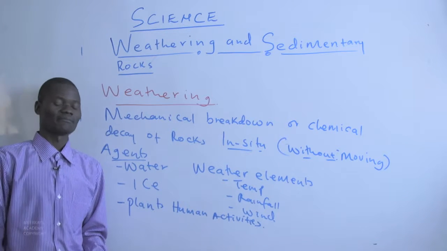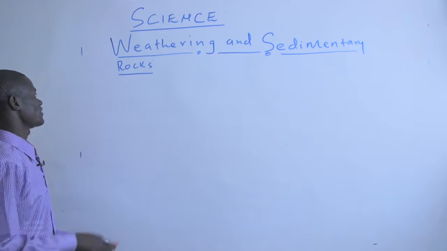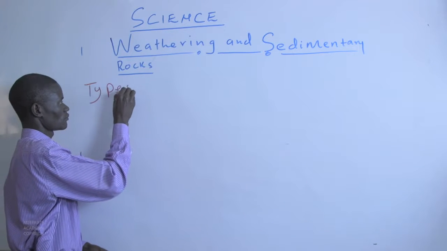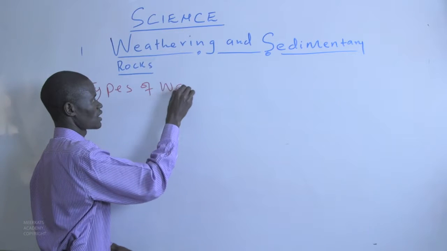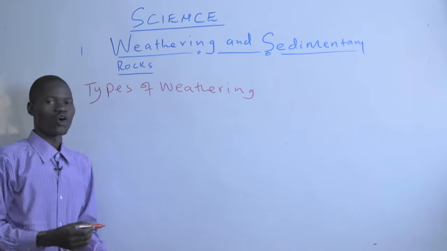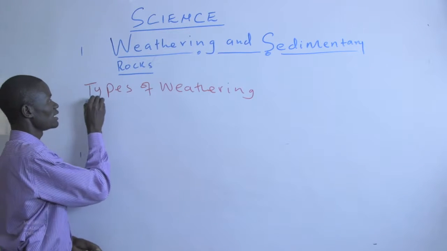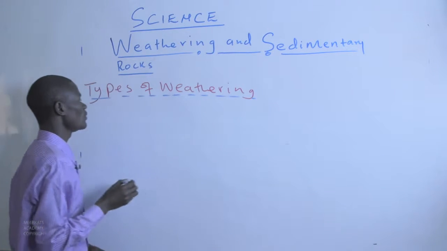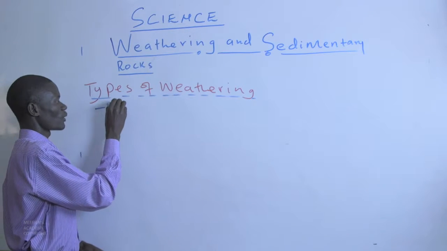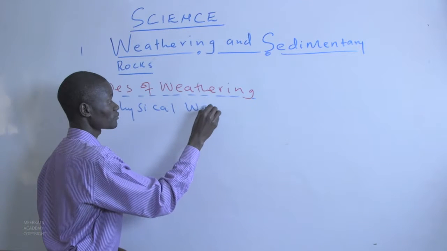Let's look at types of weathering. There are various types of weathering on Earth's surface, and these types are normally discussed at various levels, but we are going to look at them in detail. One, we have physical weathering.